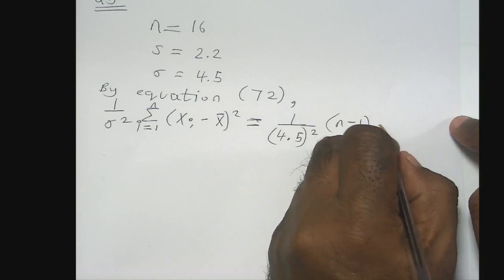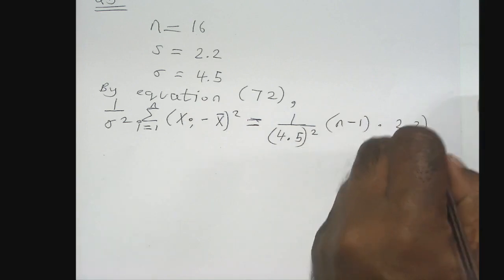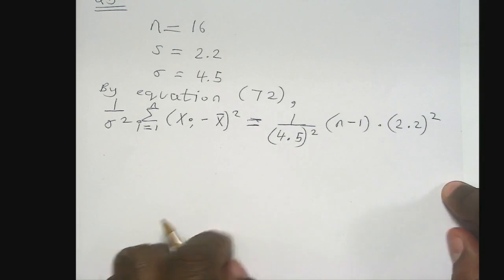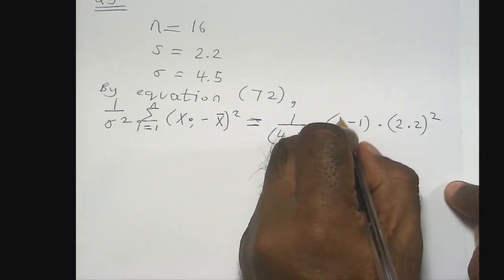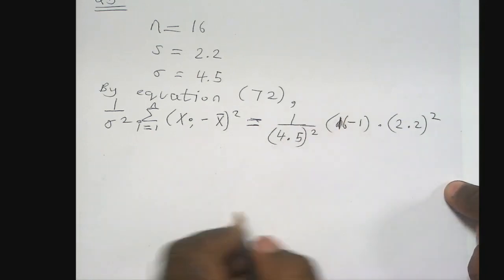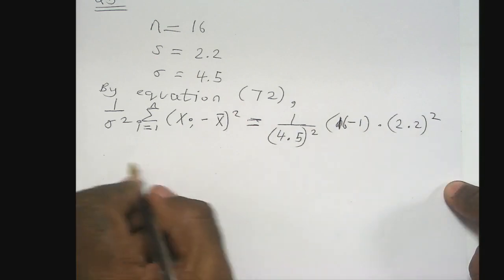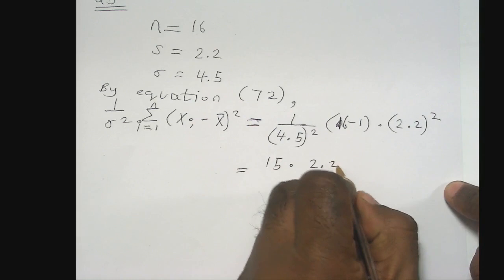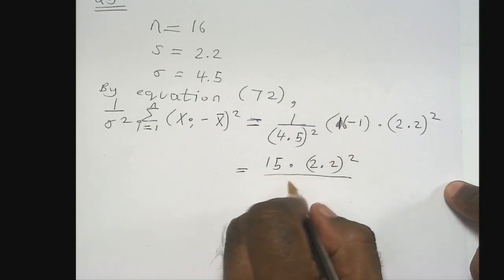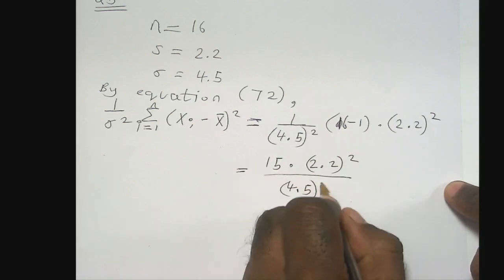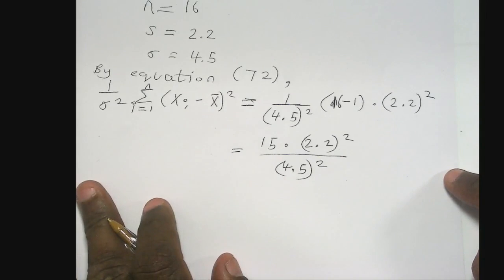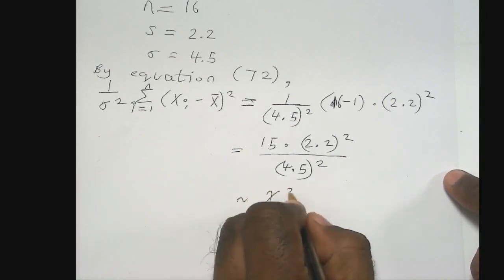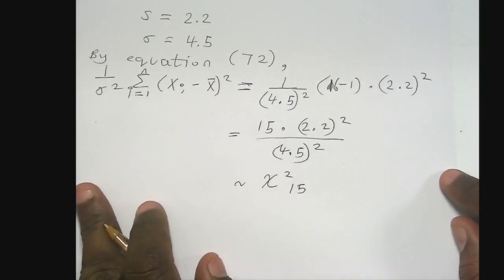N minus 1 times s squared, which is 2.2 squared. And n is 16. So 16 minus 1 times this. So this is equal to 15 times 2.2 squared divided by 4.5 squared. Are you guys with me? And this must have a chi-square distribution with 15 degrees of freedom.